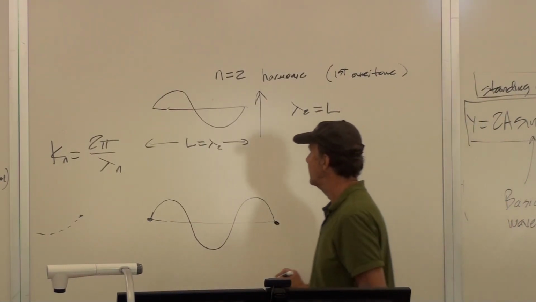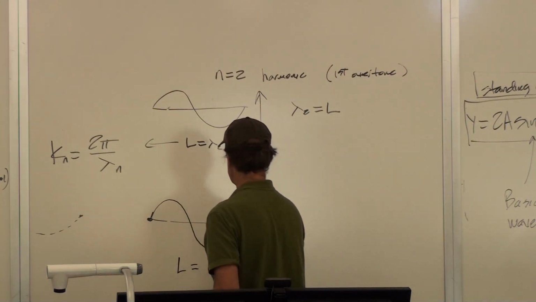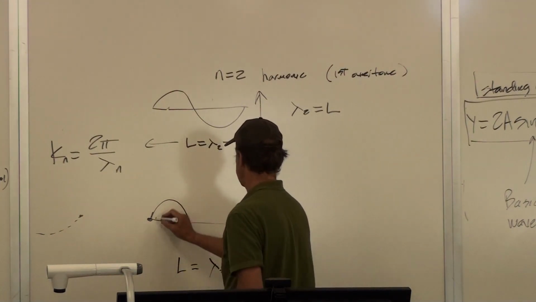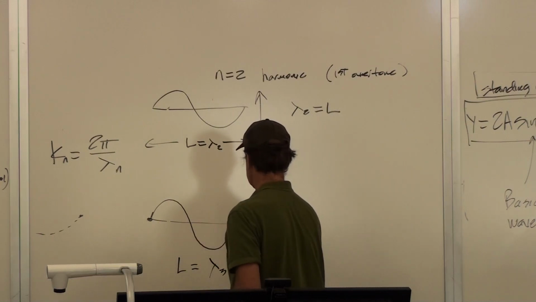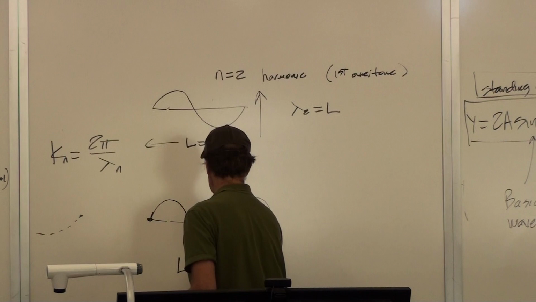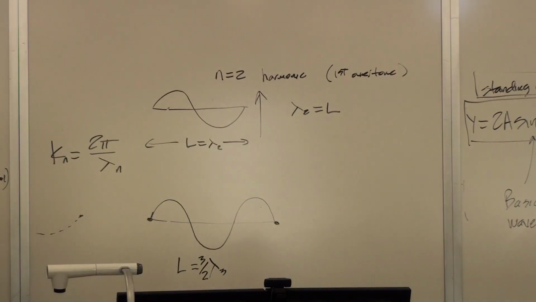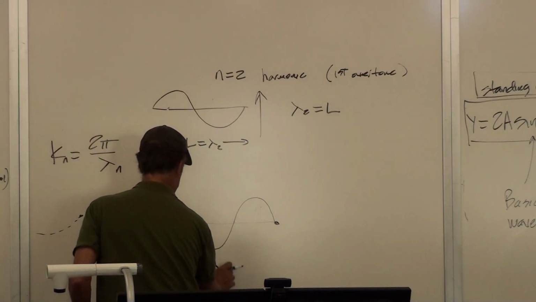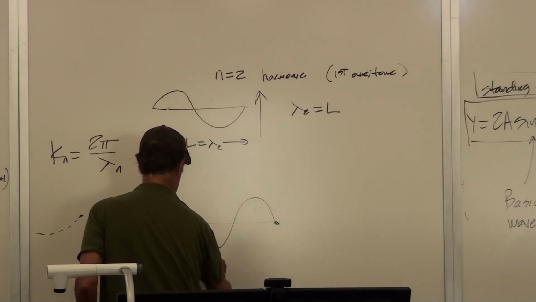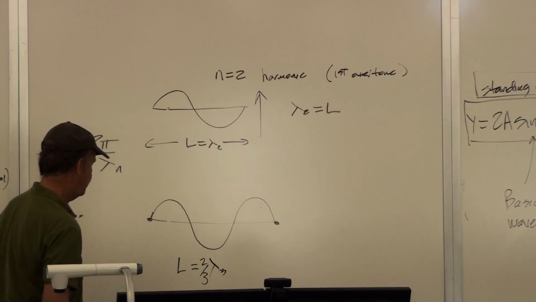Okay, so for this one, L is still the same. So how does that relate to lambda 3? Well, this is 1 half, 1, 1 and a half. Okay, so this is going to be 3 halves lambda 3. L equals 2/3 of lambda 3.